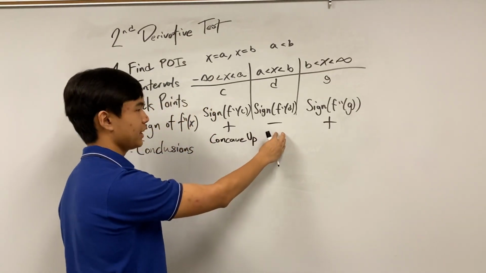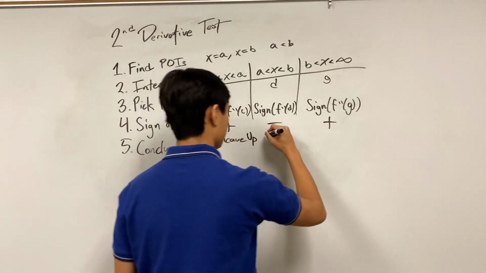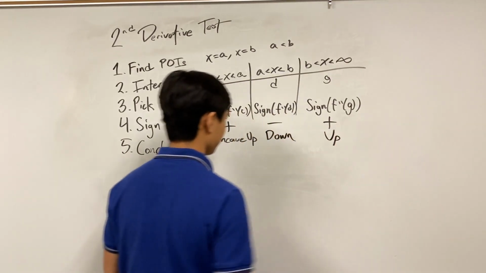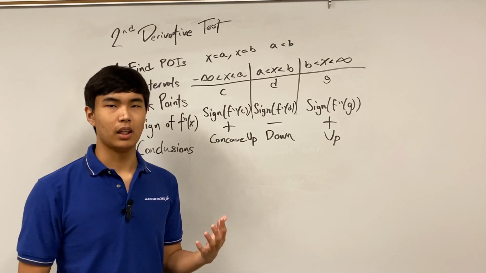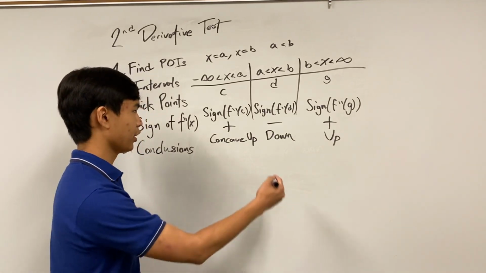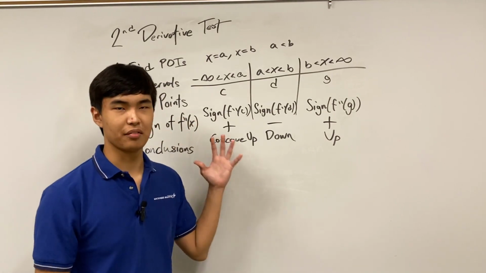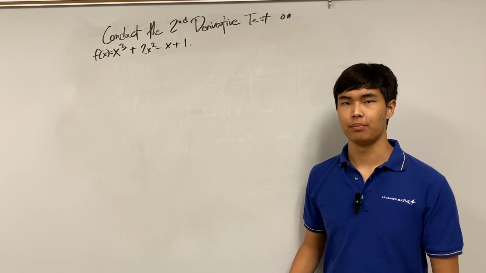And if you see negative, that means it's down. And here it's positive, so we say up. But unlike the first derivative test, where we could go in between and make more conclusions, the second derivative test stops here.